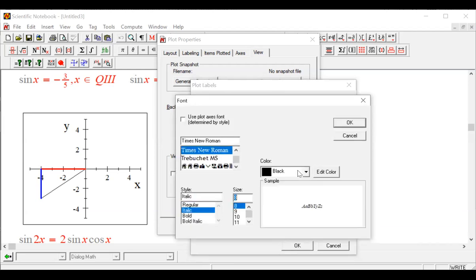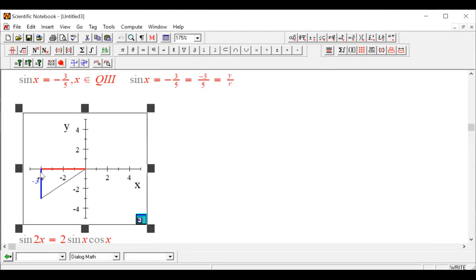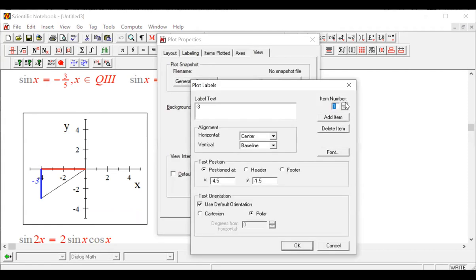Don't worry about how I'm using this software. Draw your own picture and mark those points. So you see the blue is -3, that's what I'm marking, and the R is 5. I'm going to just mark it.